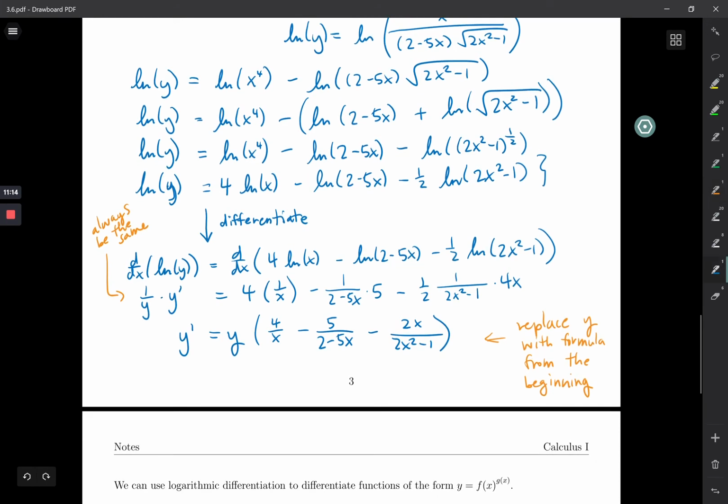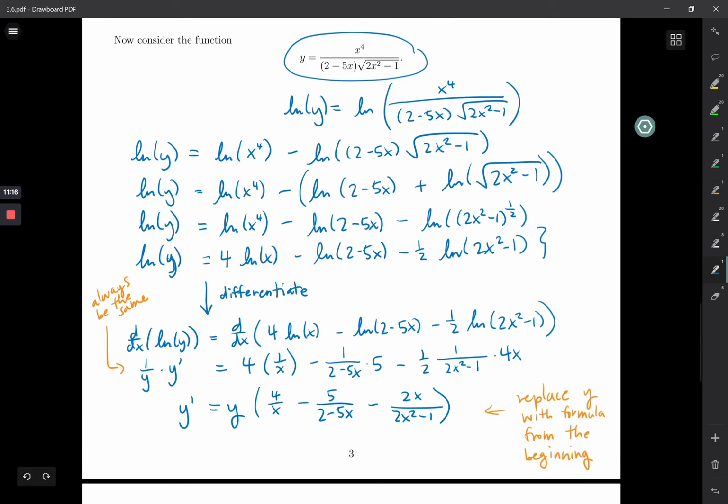Okay, and so I'll go ahead and do that. So that means that y prime is equal to, copy down this 2x squared minus 1, x to the 4th.